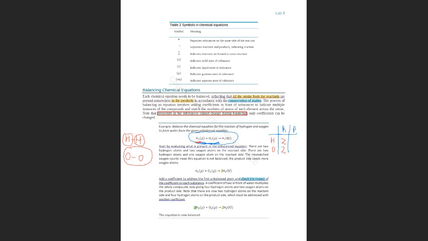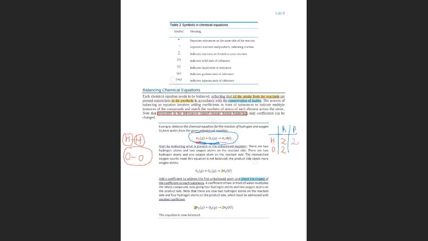Now tell me, on the product side, how many hydrogens do I have? You can send me a message. Count the number of hydrogens that I have on the product side. 2. How many oxygens do I have on the product side?